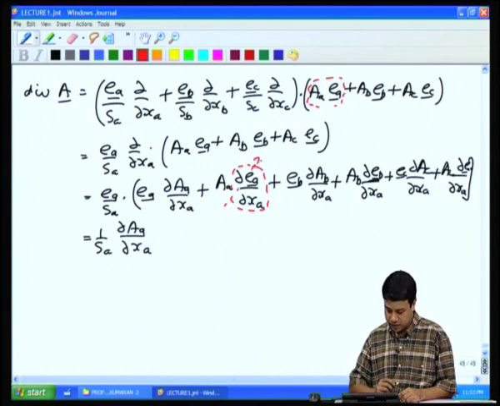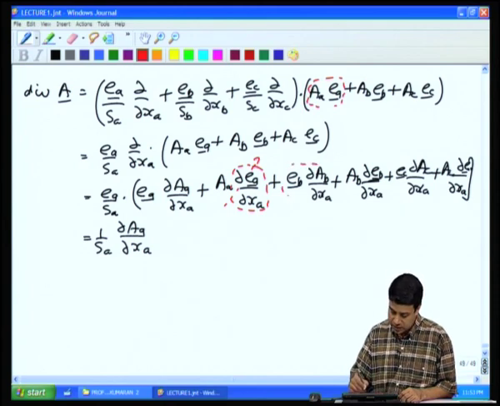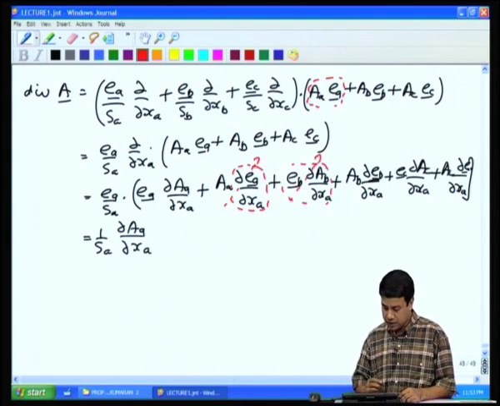Okay. So, I get only the variation of the component in the A direction. The second and third terms, the third and fourth terms. The third term is the component derivative with respect to A times e_B, but e_B dotted with e_A is equal to 0.